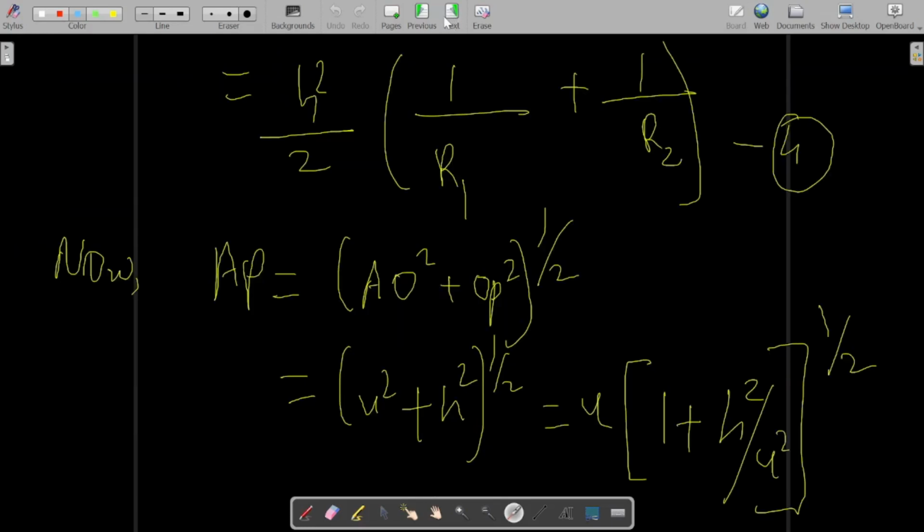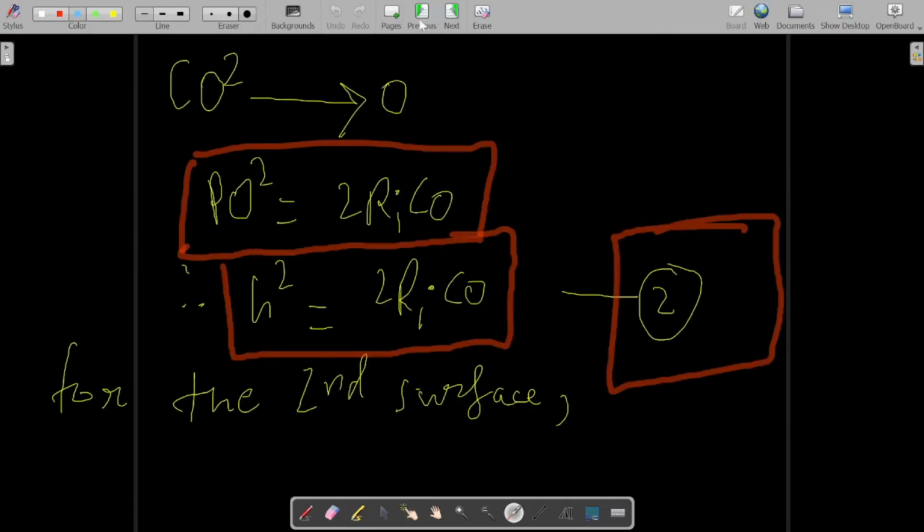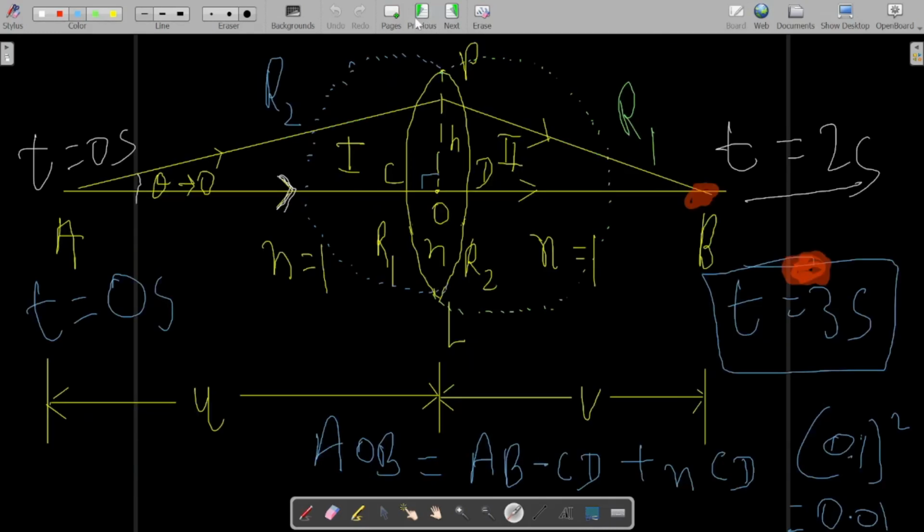When you take the square root on both sides, AP is equal to the square root of AO square plus OP square. Square root means power half. Now AO is equal to U, so U square will come over there.